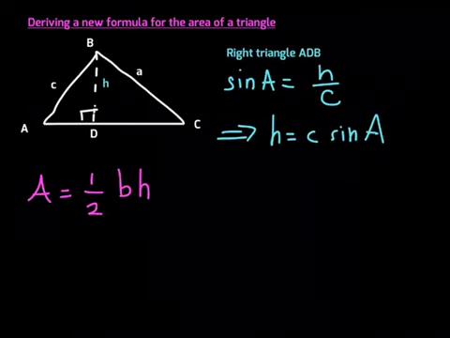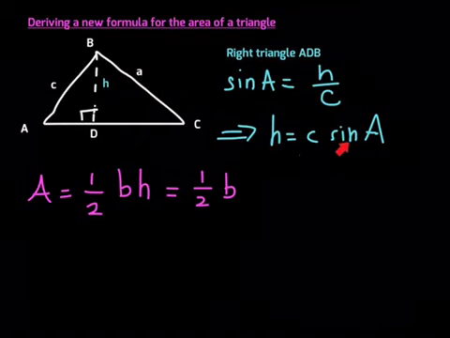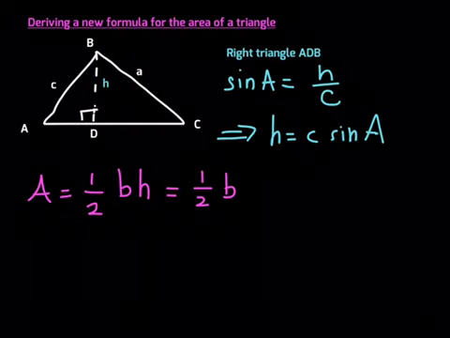But now we can substitute the height of the triangle because we know that the height of the triangle is the same thing as the product of side C and sine of angle A. So I'll make that substitution right there.